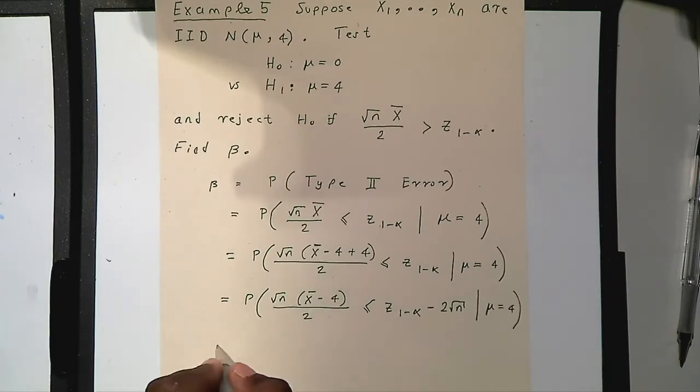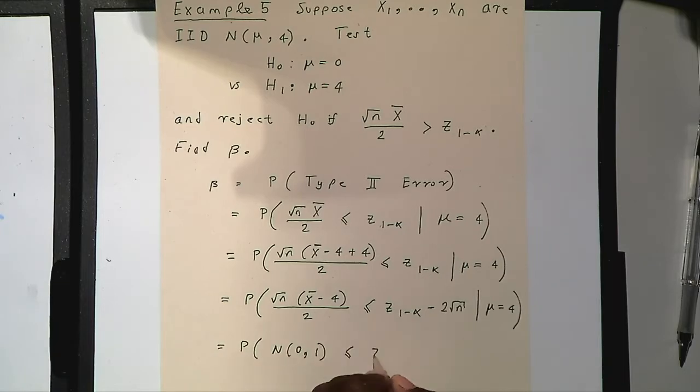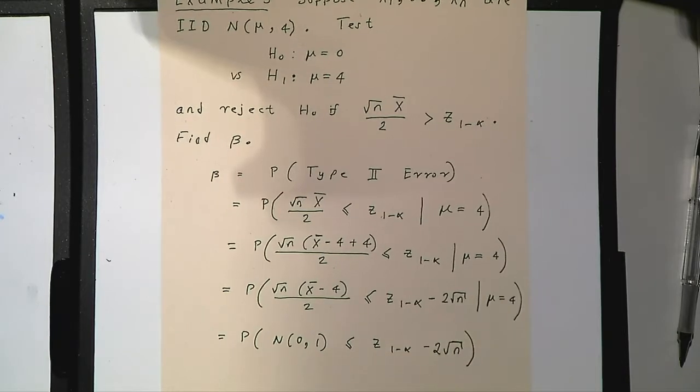So this is the probability that... okay, and we don't need the conditioning anymore because this has a standard normal conditional on the fact that mu equals 4.